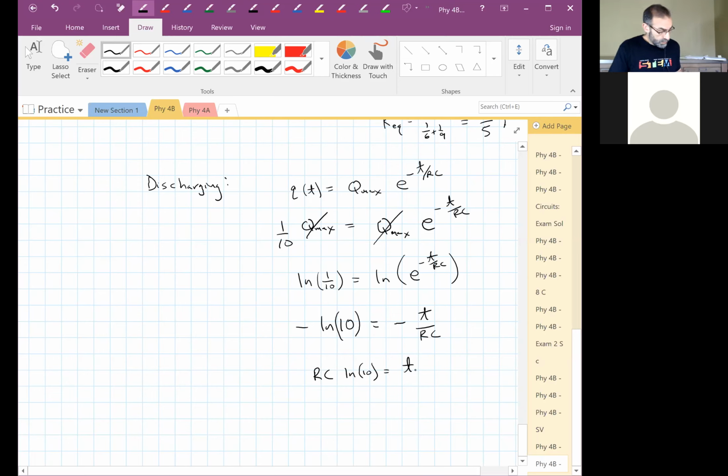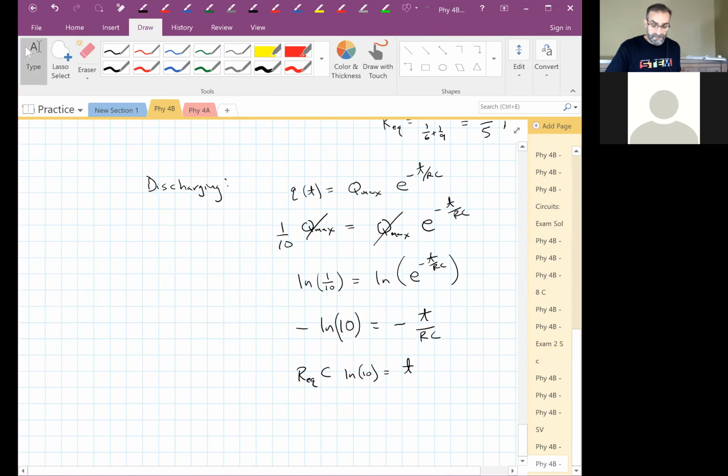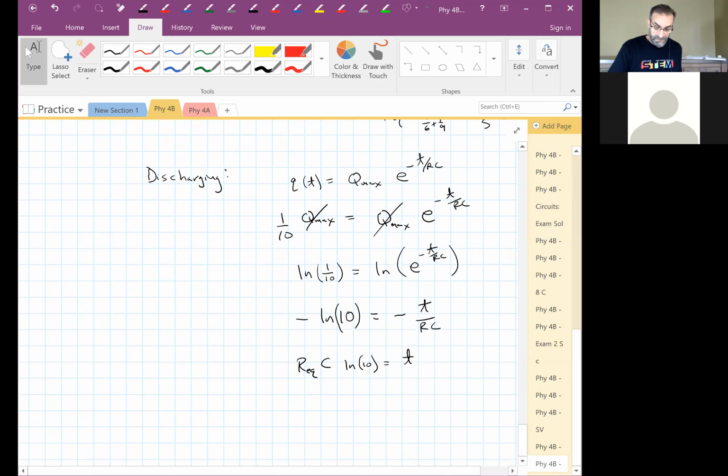And what R do I put in there? R equivalent. That I found earlier. I should put that everywhere here.